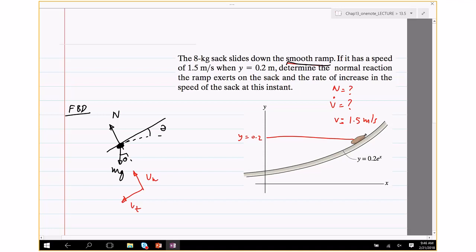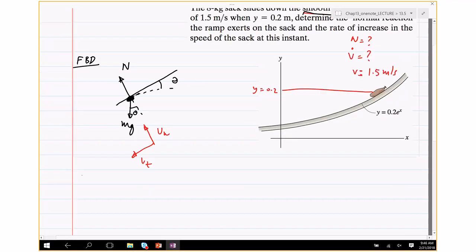Okay, now we just write the equations of motion. Net force in the normal direction is N, which is positive because it's pointing in the Un direction, and then mg cosine theta with a negative sign, because when you resolve mg it's along the negative Un direction.